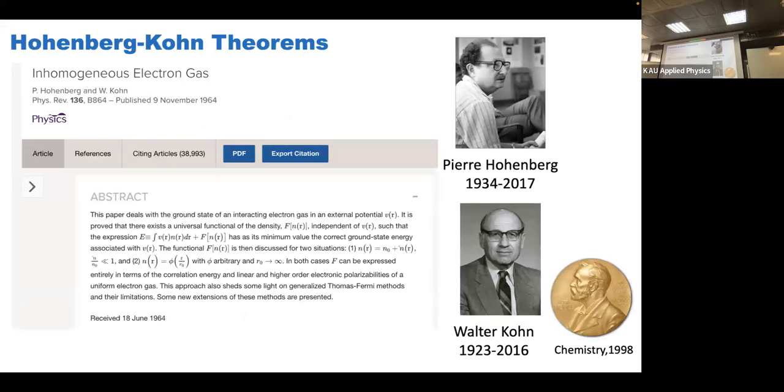Why have I told you so much about the homogeneous electron gas? Because in 1964 these two guys, Pierre Hohenberg and Walter Kohn, wrote a paper on the inhomogeneous electron gas. They just took the Thomas-Fermi method.